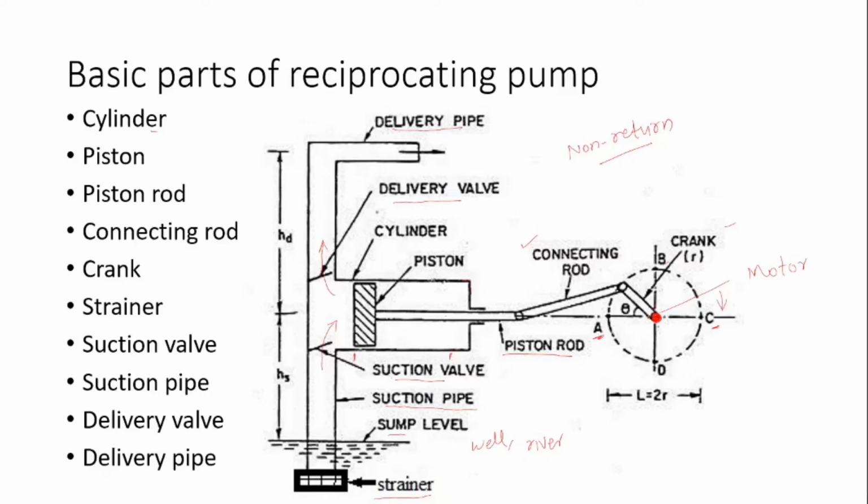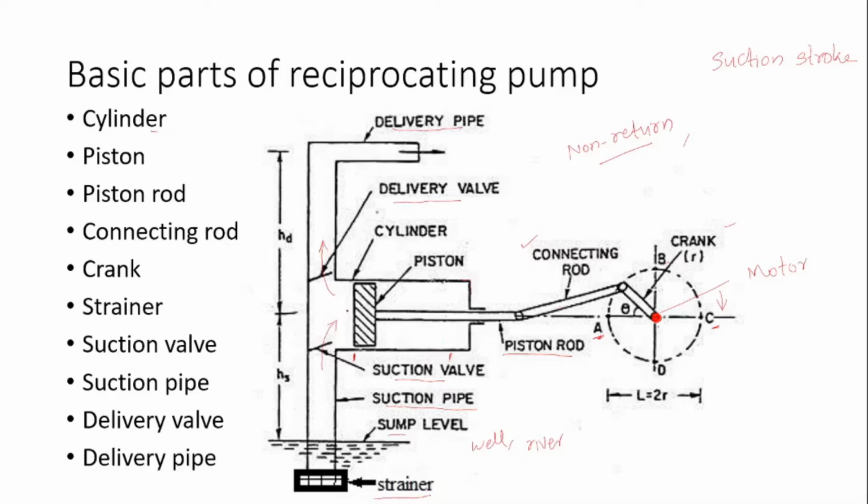That creates a stroke of the piston, and that stroke is known as the suction stroke. So when the piston moves towards the right, we call it a suction stroke.